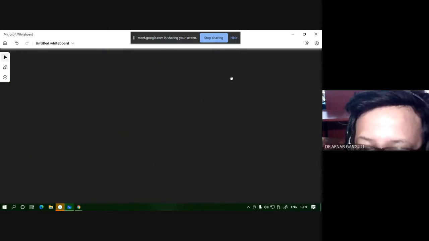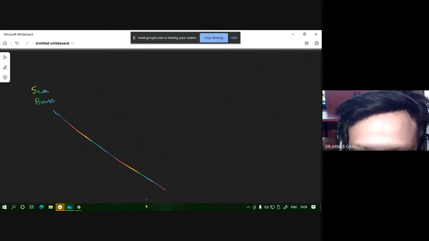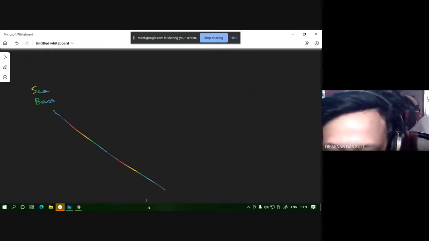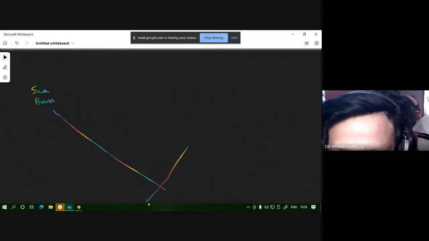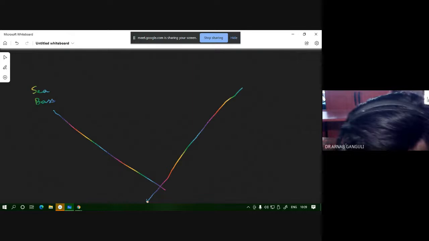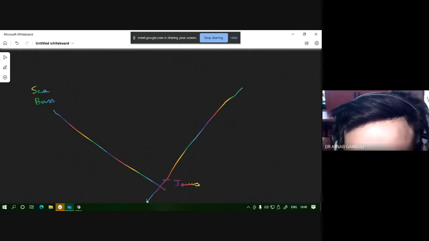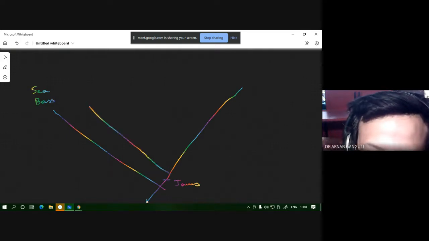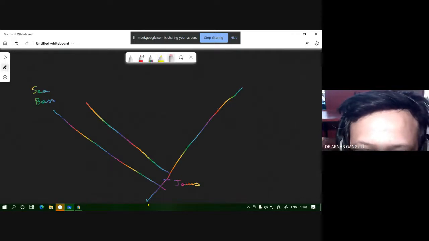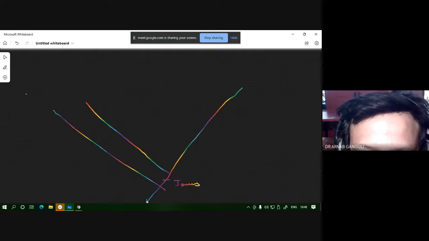Now we are drawing. এখানে sea bass. You're drawing it. এবারে you had given over here jaws. Sea bass বলছি. This was lamprey.